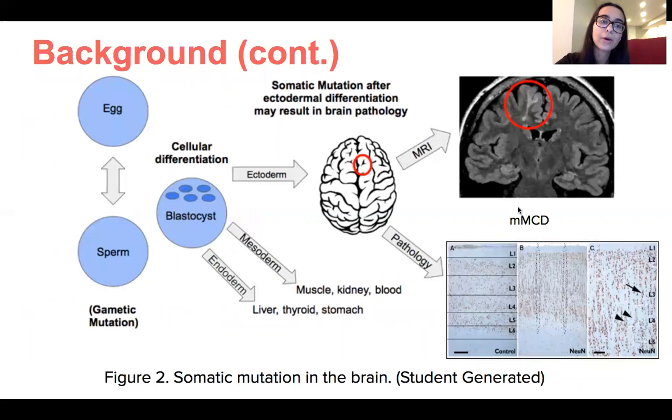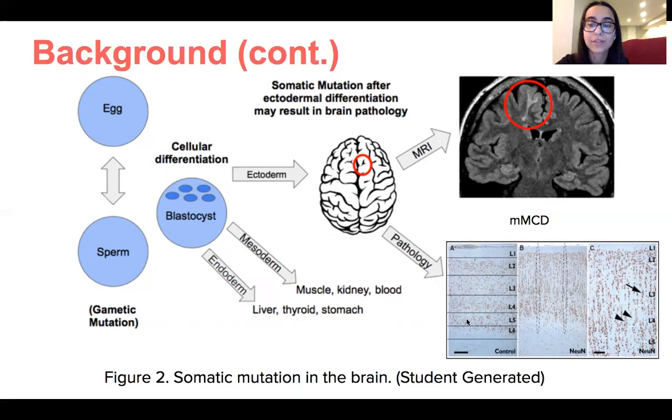So this figure was made by me in order to primarily show the somatic mutations made after ectodermal differentiation may cause brain pathology. So in this MRI right here, you can see the drift pattern of a patient's MRI that had MMCD.